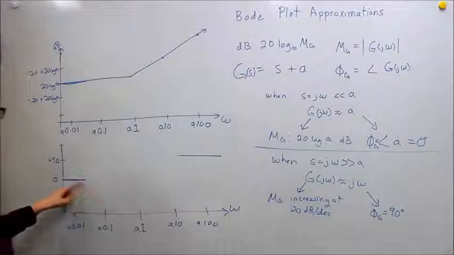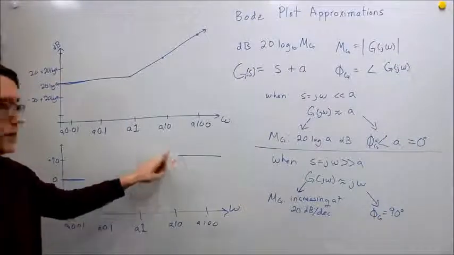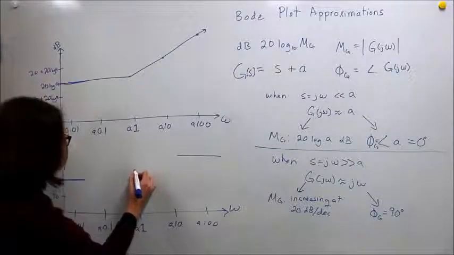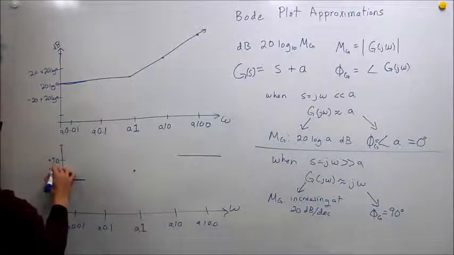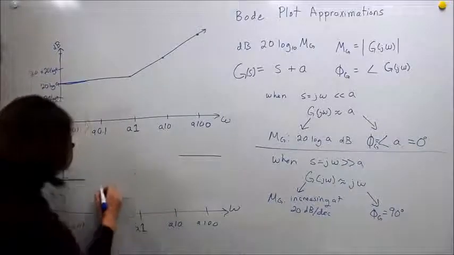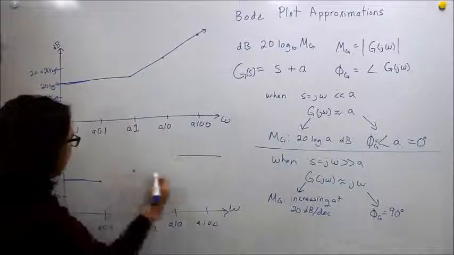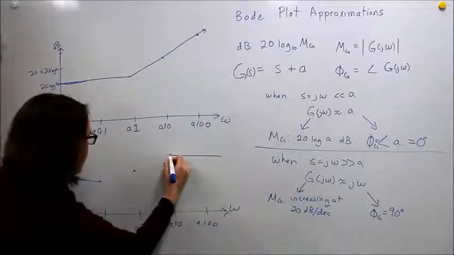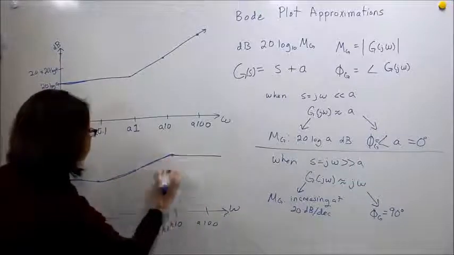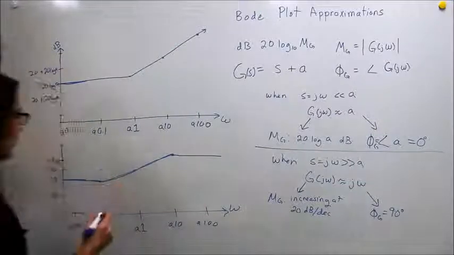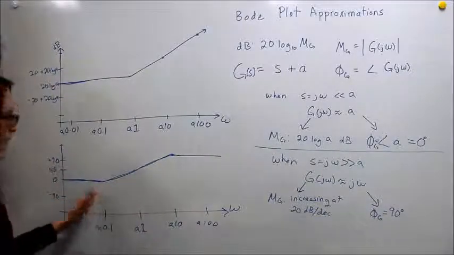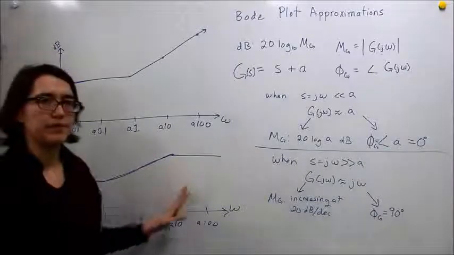Same here, we know we're starting at 0, and we need to get to 90, and this is kind of our middle point at a, so we end up approximating this as a linear line. We start approximately here, and it's just a linear line between these two. And we draw the lines from, I believe, 1 decade below to 1 decade above.